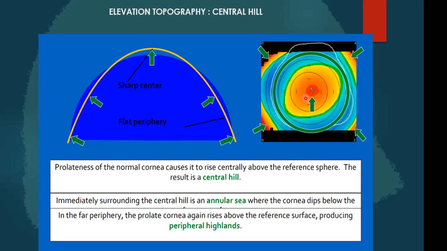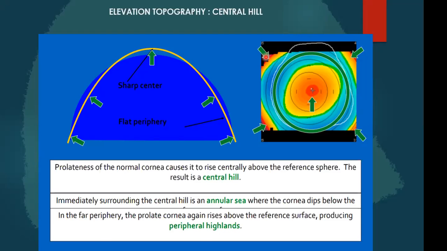So this is how an elevation based topography for a normal prolate cornea looks. We have the central hill because it rises above the elevation based best fit sphere, surrounding which we have a depressed area, which is our periphery, and the extreme periphery is again hot. So these maps actually display how elevation represents a prolate cornea.